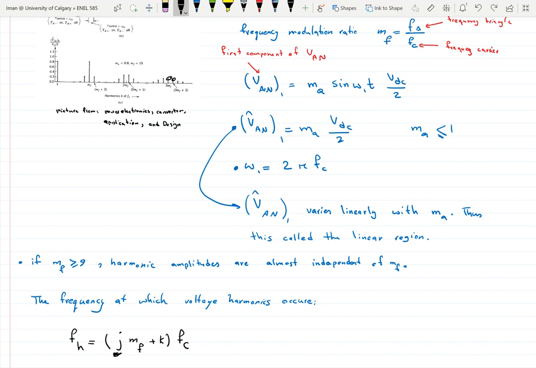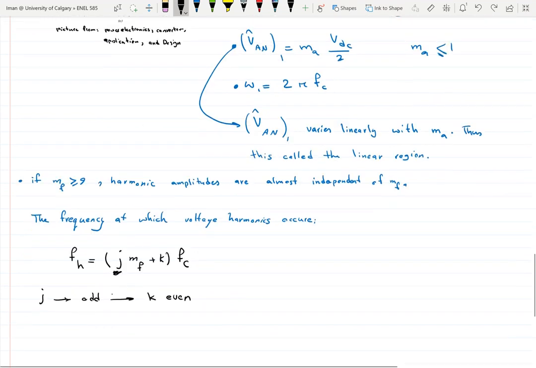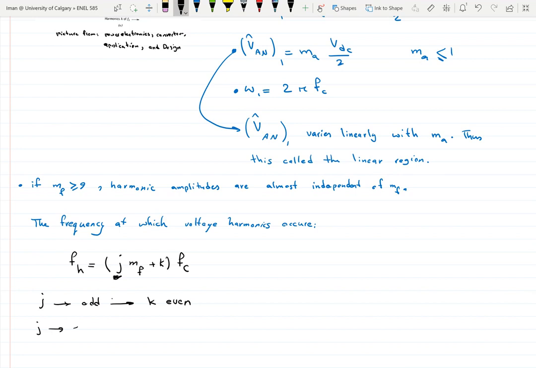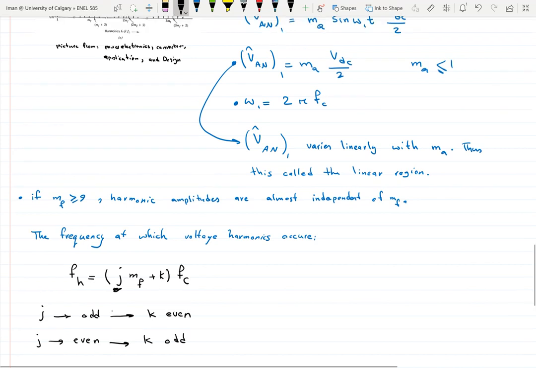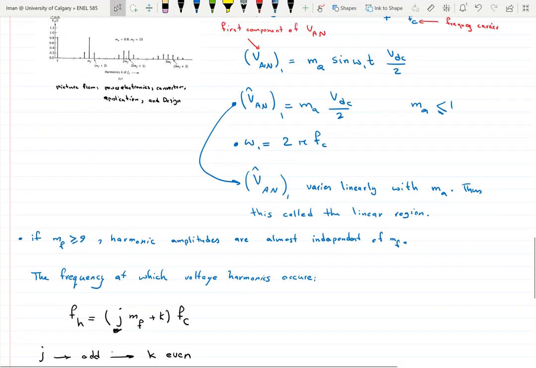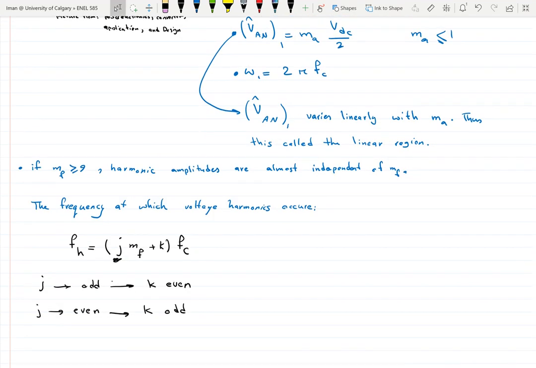But the magnitudes decrease as we go along the sidebands. So what happens if j was even? If j was even, k would be odd numbers. So 2 MF, as I have here, 2 MF plus 0, I don't have anything here. But 2 MF plus 1 and minus 1, I have a magnitude, as you can see here. So this is what it means, and this is how you can find the frequencies at which voltage harmonics occur.